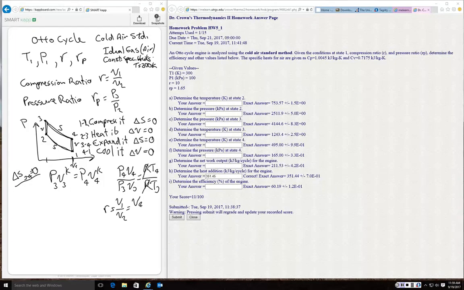That's why it's a vertical line. They're both at the same point. And V2 and V3 are both at the same point. V2 is here, and V3 is also at the same point. So V2 is the same as V3. So this ratio, I can replace with R, the compression ratio.